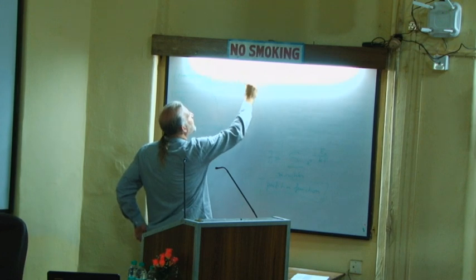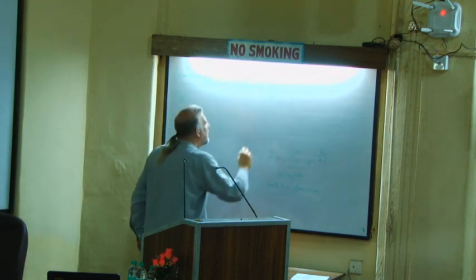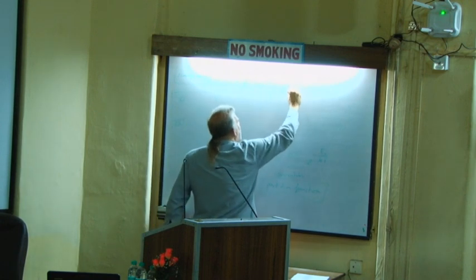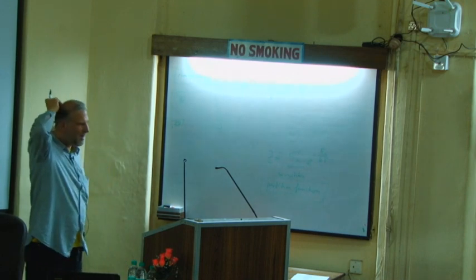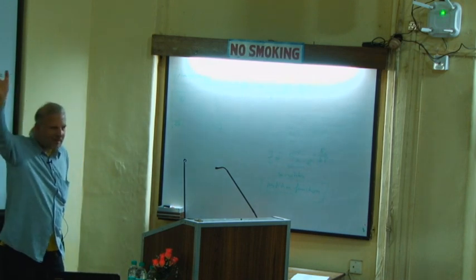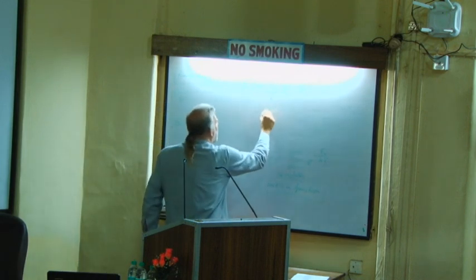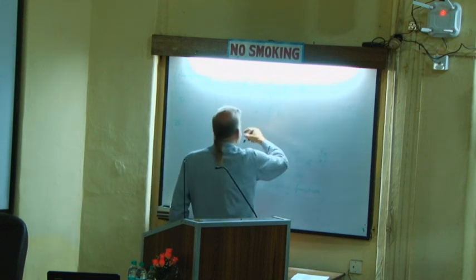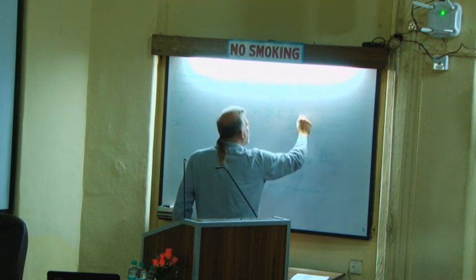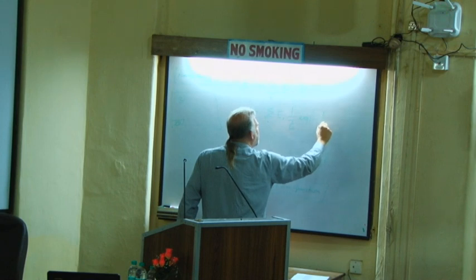So the average of the energy will be the sum over all the microstates I. You take the energy EI, and then you multiply by the probability to find the microstate I. So this is just the definition of a statistical average. Now if you write this down, you have EI, and here if I write the explicit expression for the partition function it is exponential minus EI by KT.